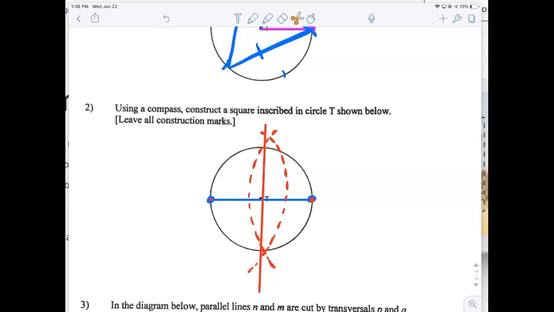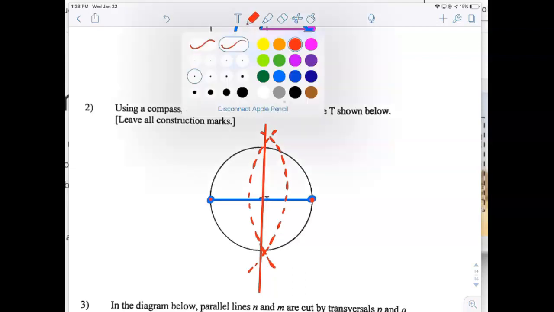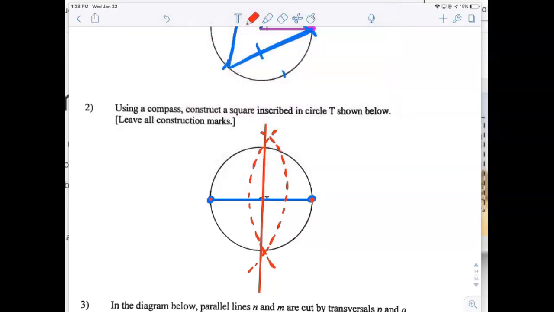And that creates a perpendicular bisector, which is another diameter. But what it really does is give us 4 corners of our square. 1, 2, 3, 4. And with your straight edge, you complete your square right there.